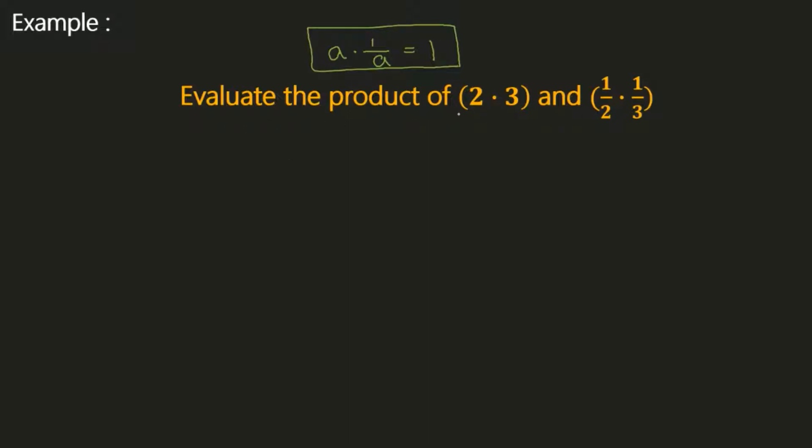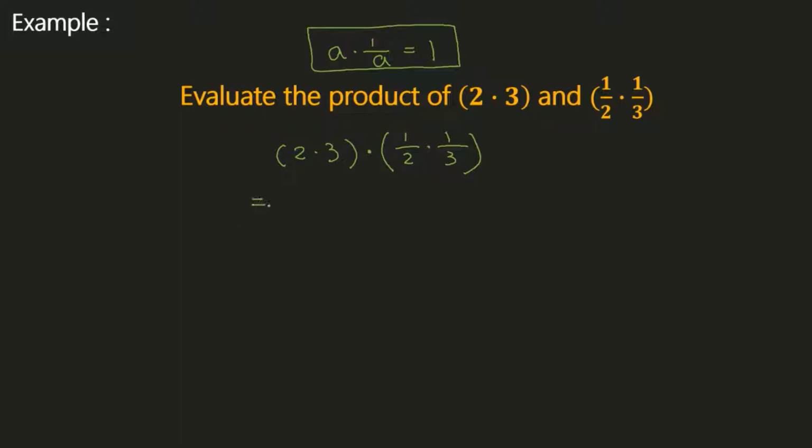Now let's take a look at this problem. Evaluate the product of 2 times 3 and 1/2 times 1/3. Let's first turn this sentence into a math expression: the product of 2 times 3 and 1/2 times 1/3.